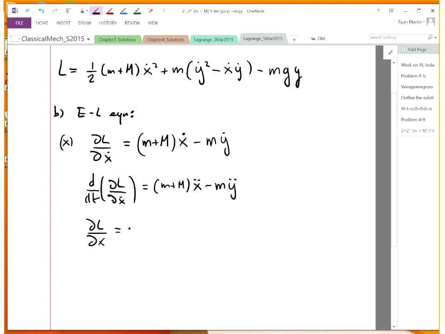The last term for the Euler-Lagrange equation is ∂L/∂x. If I look at L, there are no x's in it, so ∂L/∂x is 0. So the equation of motion in x is m plus capital M times x double dot minus lowercase m y double dot equals 0.